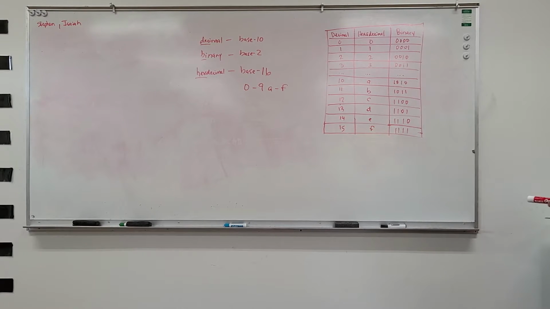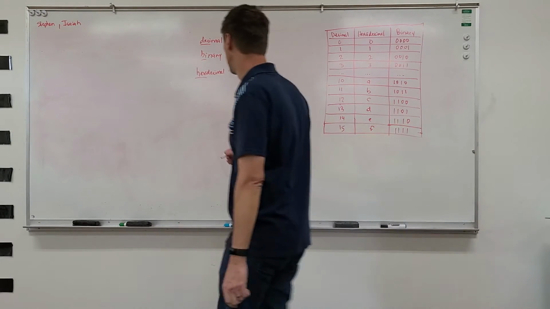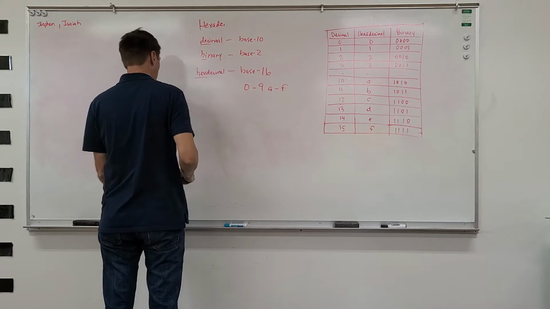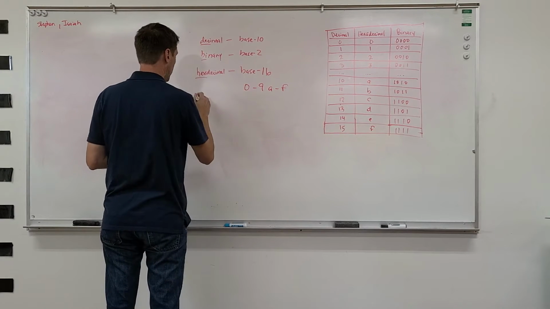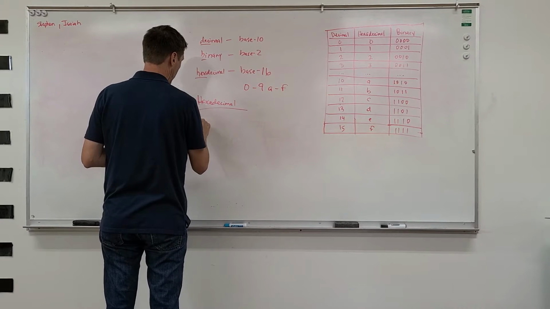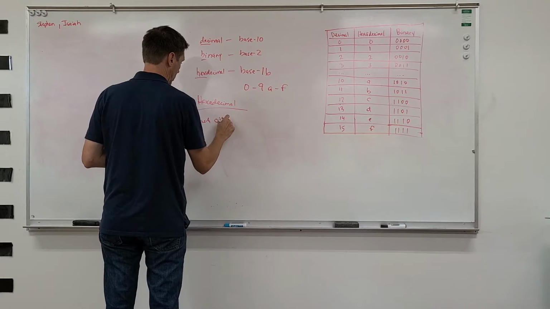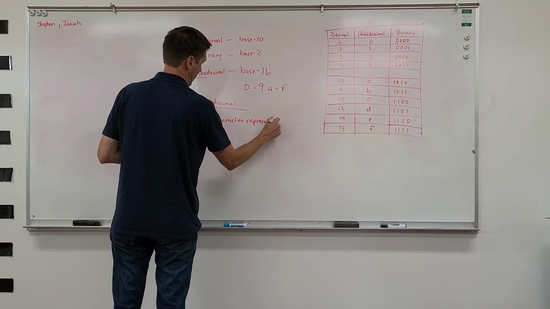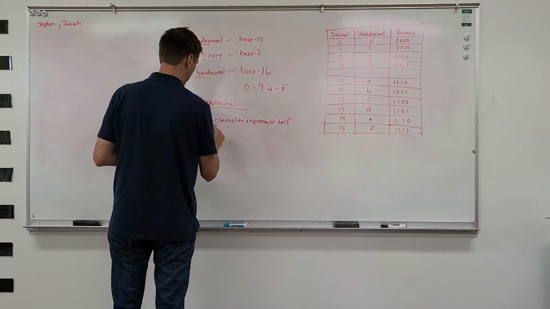In binary, each character represents a bit, but in hexadecimal, each character represents half a byte.